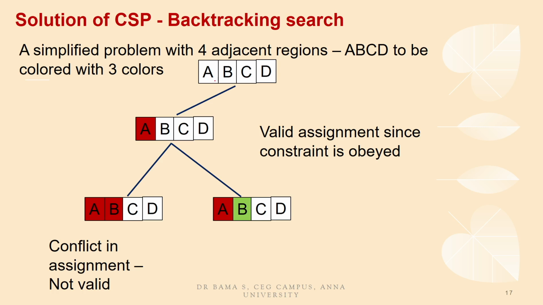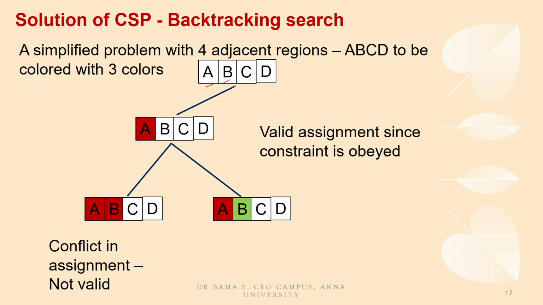Say, for example, we have 4 regions A, B, C, D. Just for simplicity, I have chosen just 4 regions, where A is adjacent to B, B is adjacent to C, and C is adjacent to D. Like a similar map coloring problem, we have to color each of the regions with 3 colors.